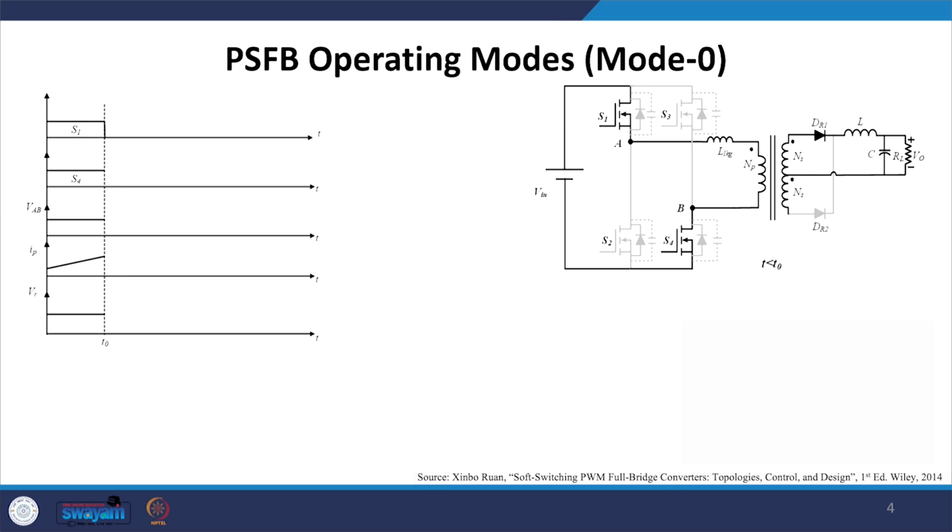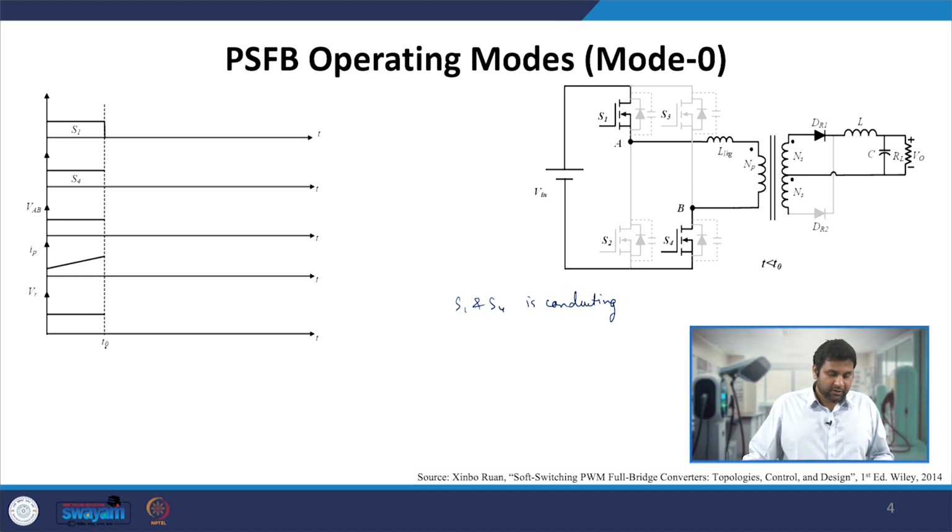So in this one, the first mode is obviously we were assuming that S1 and S4 are conducting. So before T equal to T0, S1 and S4 were on; let us say if these are MOSFETs, the channel is already formed and the current is actually flowing through the channel.